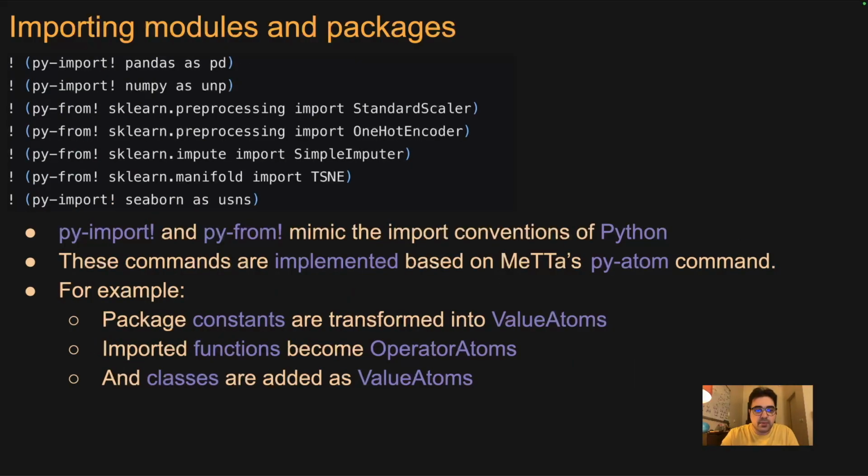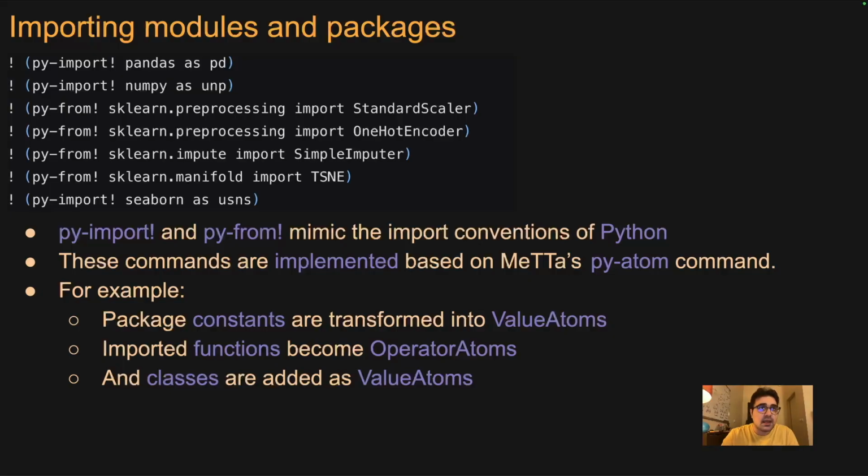Next, we will import Python's data science packages and modules using the pyimport and pyfrom commands that are implemented in MeTa-UL based on its pyatom command. These commands mimic the import and from commands in Python and add the module or submodule of Python programming language in the Atomspace.